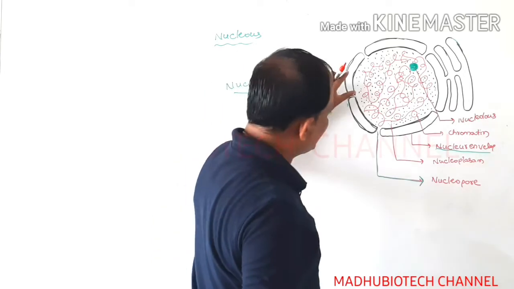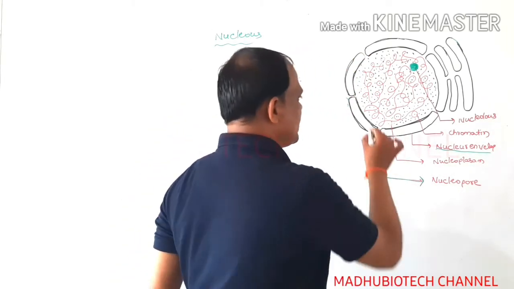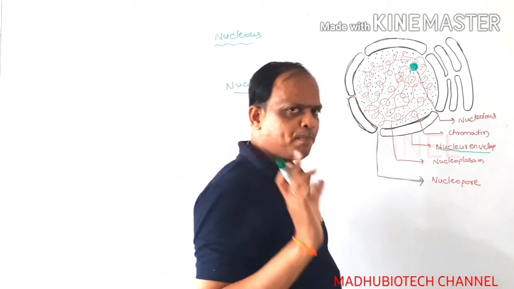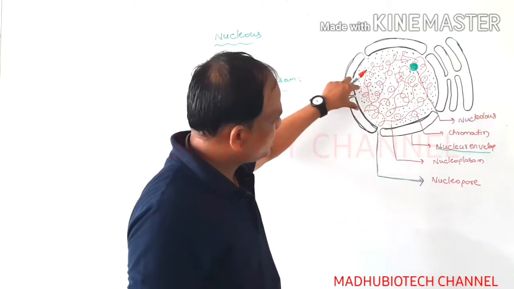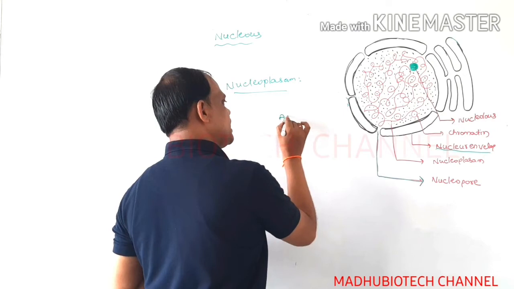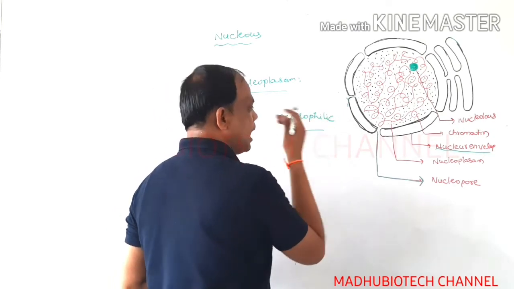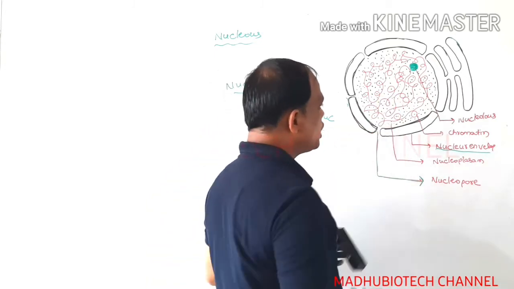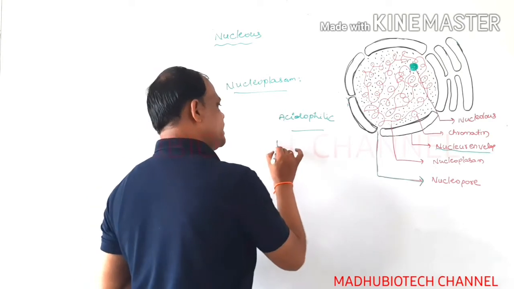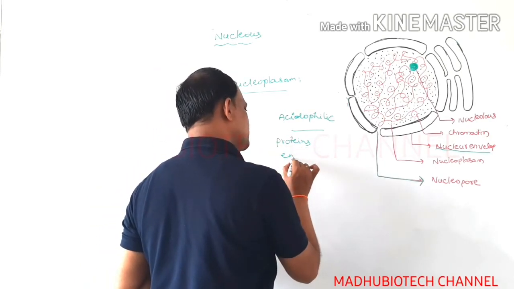This granular, homogeneous, fluid-like structure is also called nucleoplasm. It is very slightly acidophilic. The nucleoplasm contains a number of proteins and enzymes.